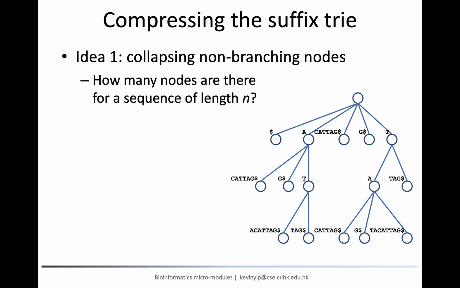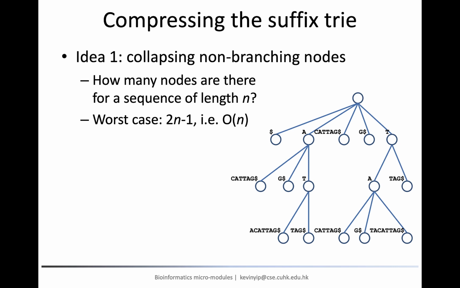However, if we think carefully, after the merging step, the tree must have no more than 2n-1 nodes for a sequence of length n, and thus this number of nodes is linear with respect to the length of the sequence to index. This is true no matter which sequence is indexed.